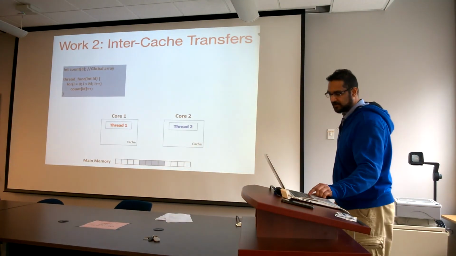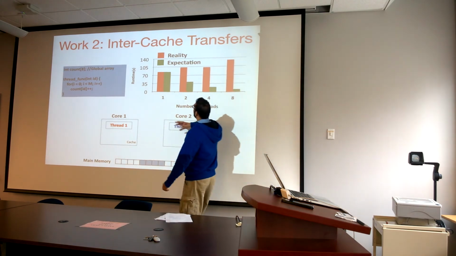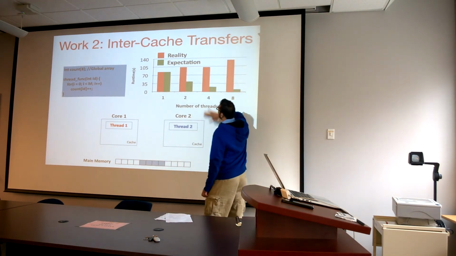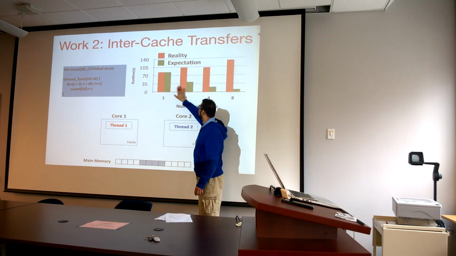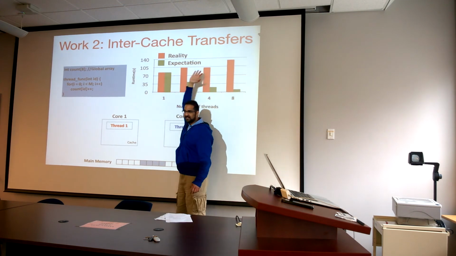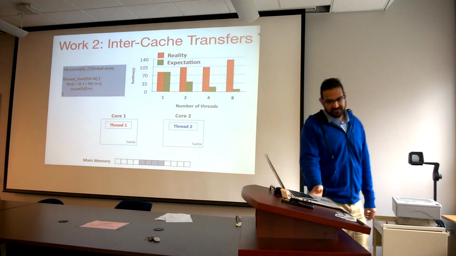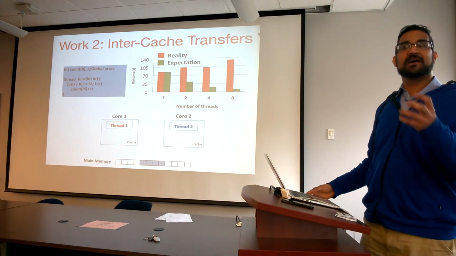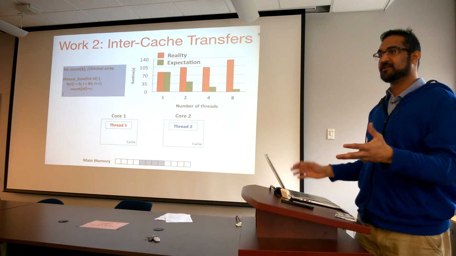Each thread accesses it. So as I increase the number of threads, what I expect is that the time for incrementing this counter goes down. Instead, it does something like this, and it actually increases. The reason is that you don't cache just one counter, you actually cache a bunch of things around it.